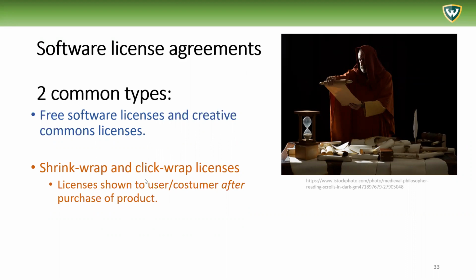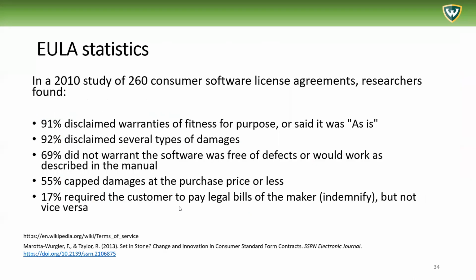Now there are also shrink wrap or click wrap licenses, which are licenses shown to the user or customer after purchase of the product, as we were mentioning. So if you buy a product, there's probably going to be a license agreement there that you need to open the software first and then check out.